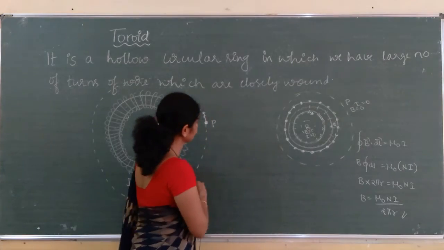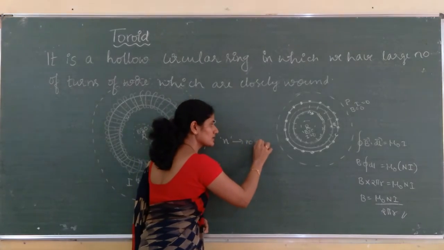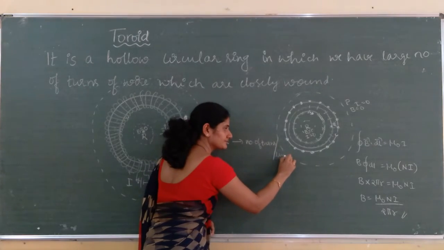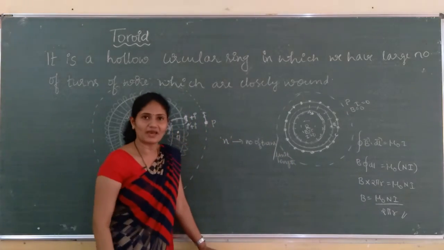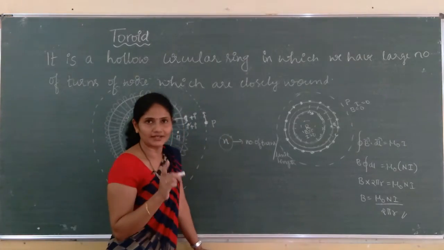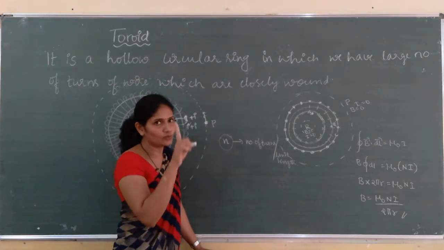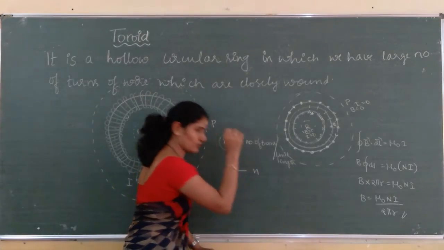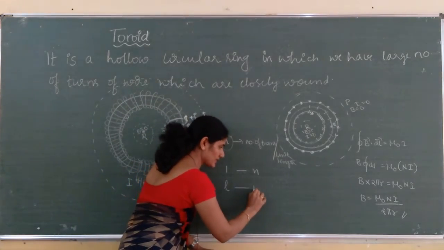We know that n is the number of turns per unit length. While deriving the expression for magnetic field inside the solenoid, we used small n. Small n is the number of turns per unit length; in one unit length, there are n number of turns. Then in L length, how many turns are there?